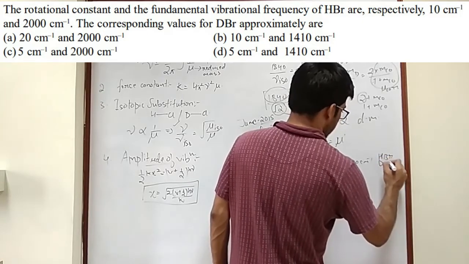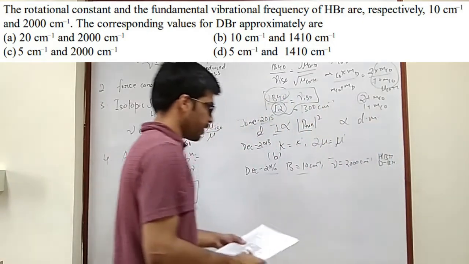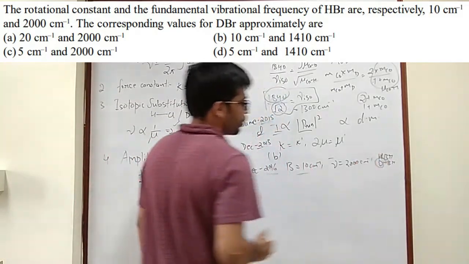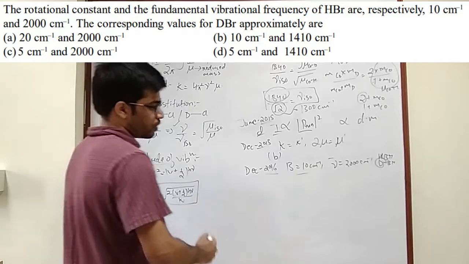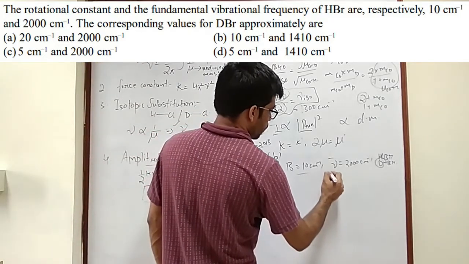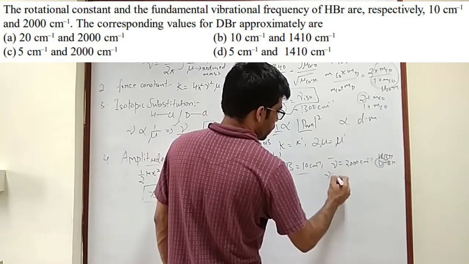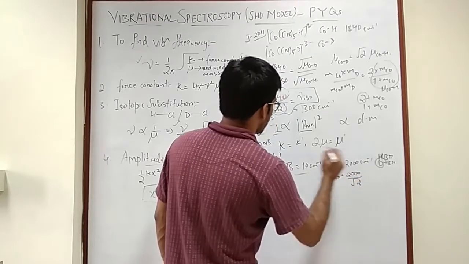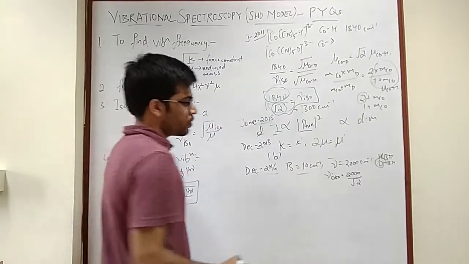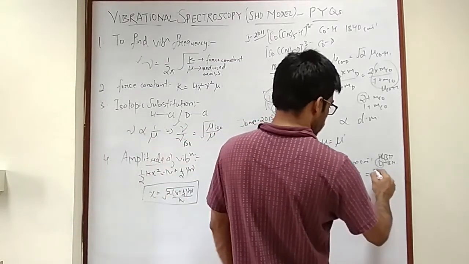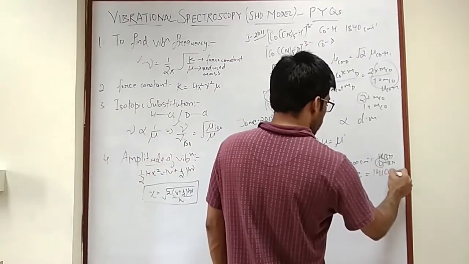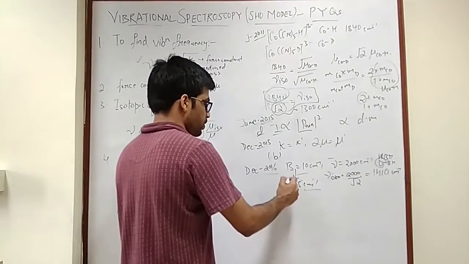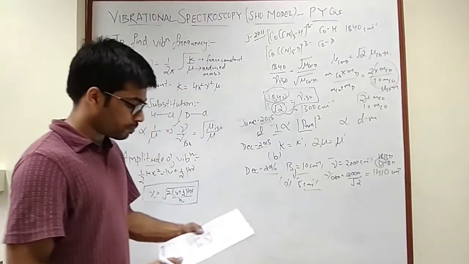For DBr, you simply have a deuterium in place of hydrogen. So nu DBr is equal to 2000 by under root 2 using this one. That would be, if I'm not wrong, 1410. And for the rotational constant it is 5, which is given in your option number D.